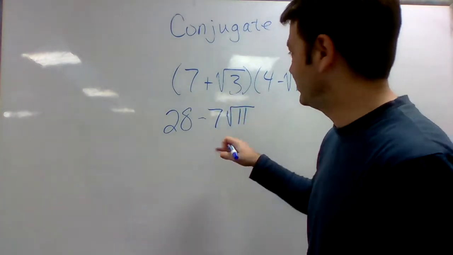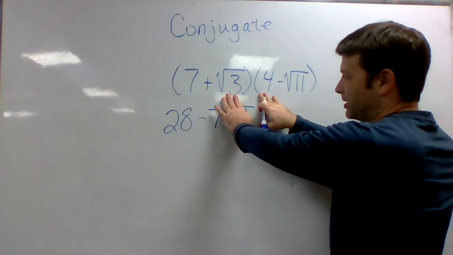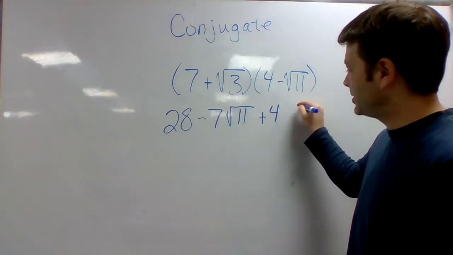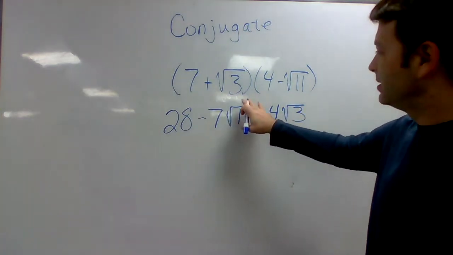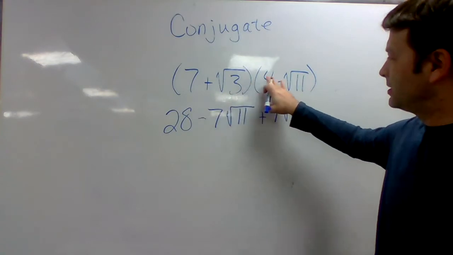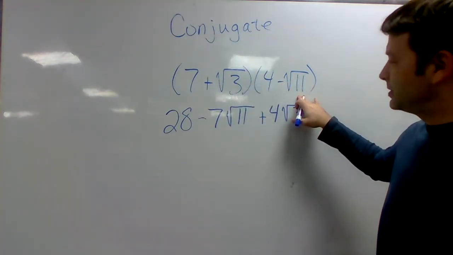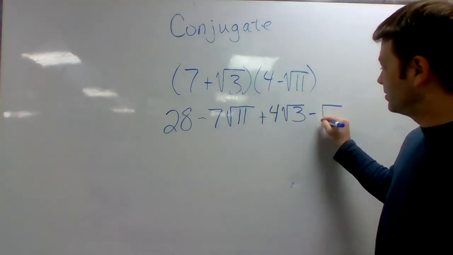Doesn't simplify, just kind of copy it down. Inside, square root of 3 times 4. So 4 square root of 3. Both of them are positive, so it stays positive. And last is square root of 3 times negative square root of 11. 3 times 11 is 33, so it's negative square root of 33.